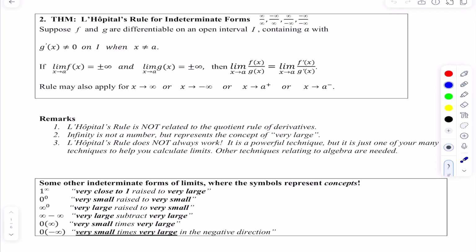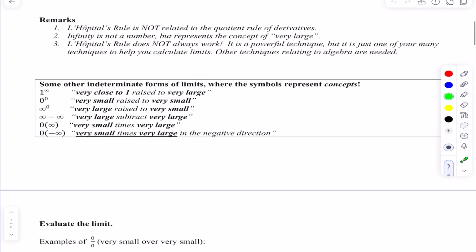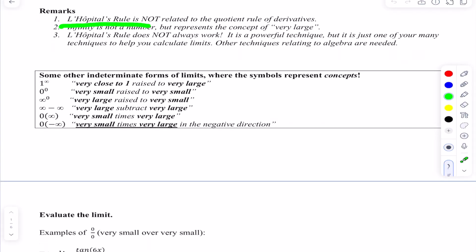Some special remarks about L'Hopital's rule. First off, L'Hopital's rule is not related to the quotient rule of derivatives. You have a separate rule for that. In fact, the quotient rule has nothing to do with taking limits. So treat L'Hopital's rule as a tool for evaluating certain limits.